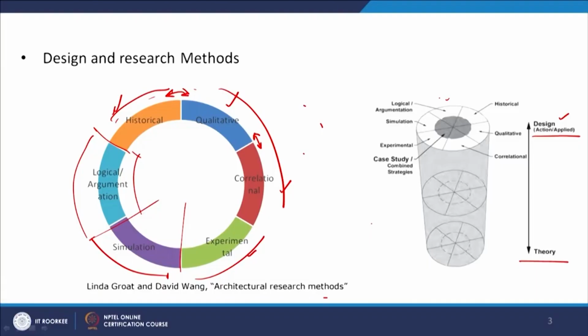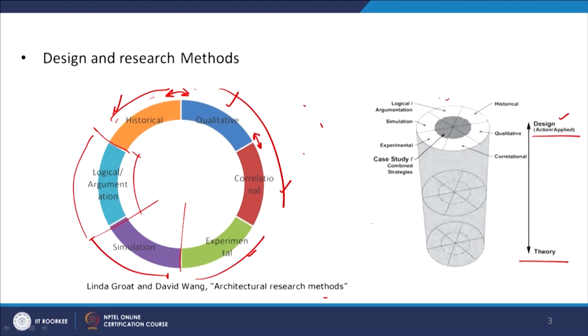For example, given a style of design going on, what can be the futuristic style? Users might not give much opinion on what the future style will be. It is totally based on logic and argumentation, and it is also very qualitative in nature.